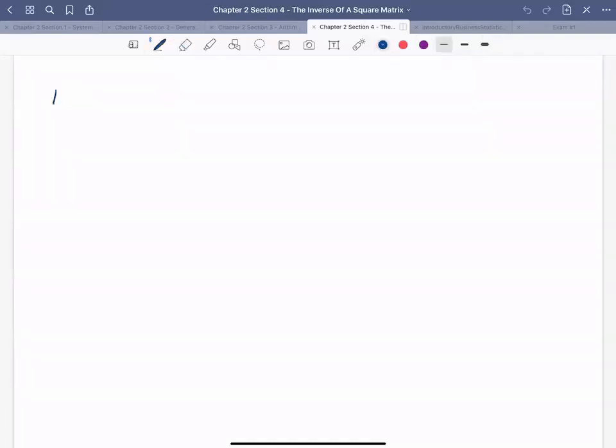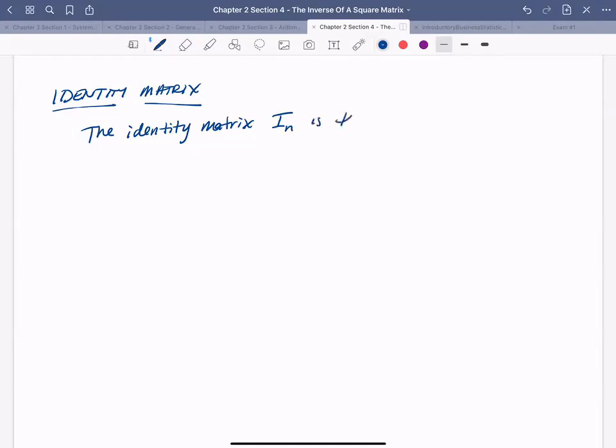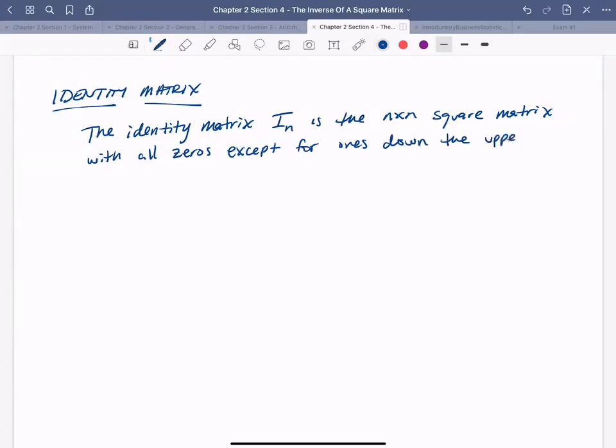An identity matrix is defined as the identity matrix, I sub n, is the n by n square matrix with all zeros except for ones down the upper left to lower right diagonal.